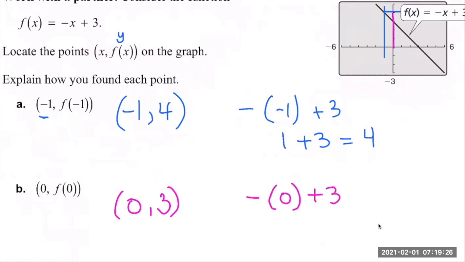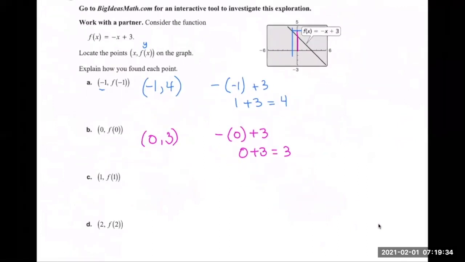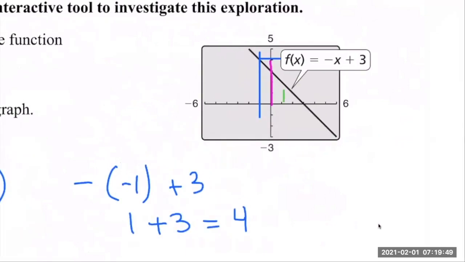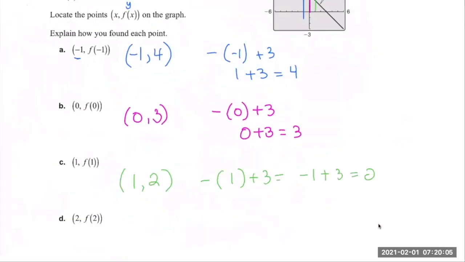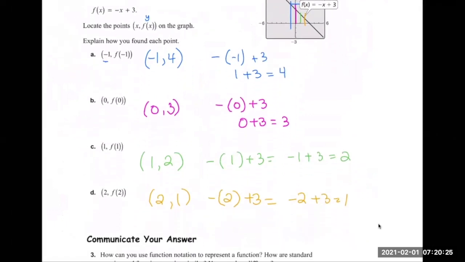Well, -0 is 0, and 0 plus 3 gives me 3. Go ahead, pause here and see if you can do C and D on your own. All right, if you're just tuning back in, it is 1, 2 and 2, 1.